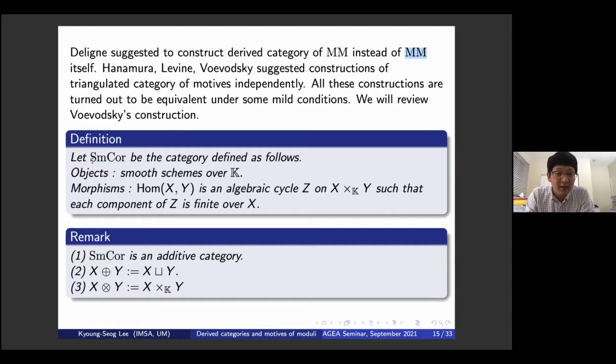Let the category of smooth correspondences be defined as follows. The objects are smooth schemes over K, and the morphisms are algebraic cycles Γ over the product such that each component is finite over X. Then one can check that this category is an additive category, where the direct sum is given by the disjoint union and the tensor product is given by the product.